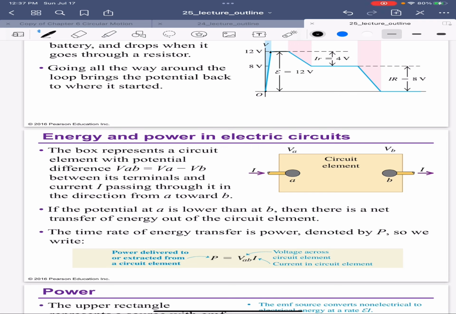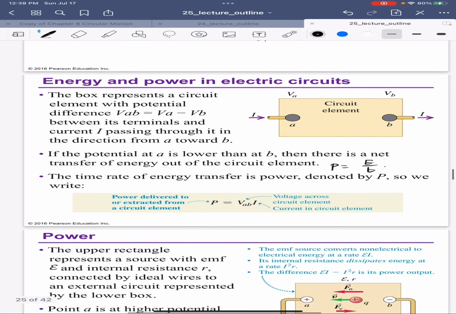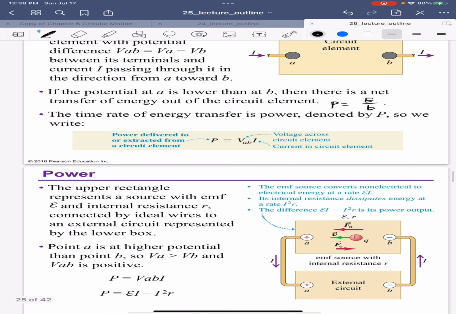Now here we have a box that represents a circuit element with potential difference VAB, and it has current I passing through it in the direction from A to B. If the potential at A is lower than B, then there is a net transfer of energy out of the circuit element, and that time rate, remember, P is E over T, is VAB times I. The upper rectangle represents the source with EMF E and internal resistance R, connected by ideal wires that don't have any resistance to an external circuit represented by the lower box.